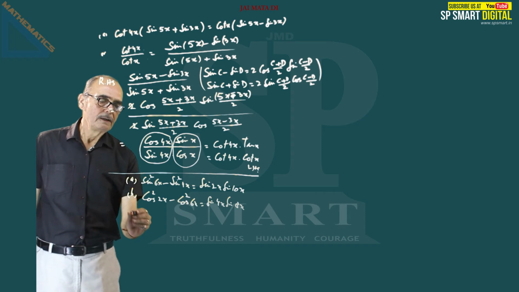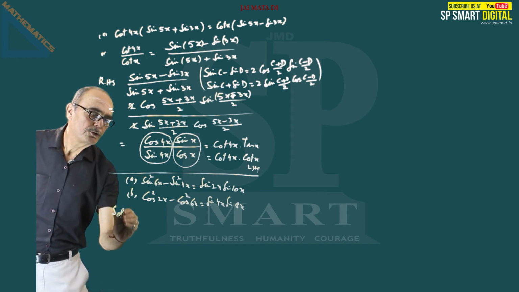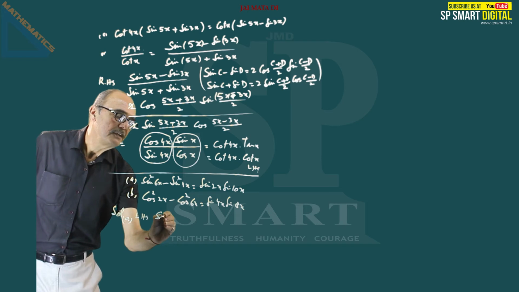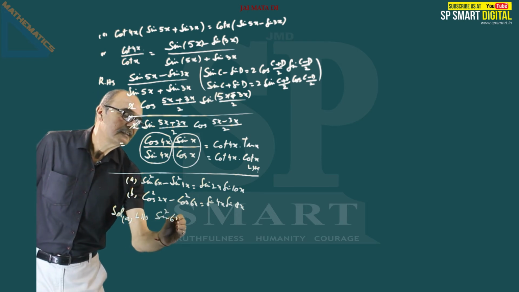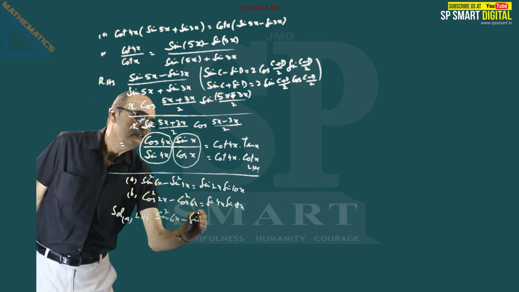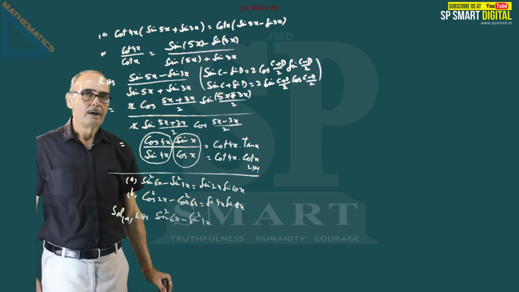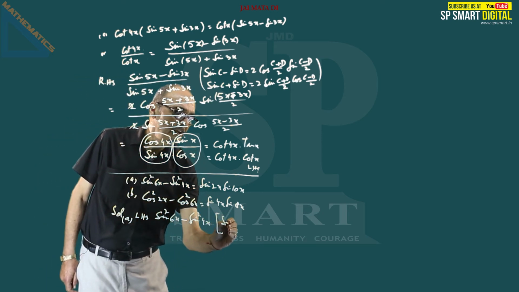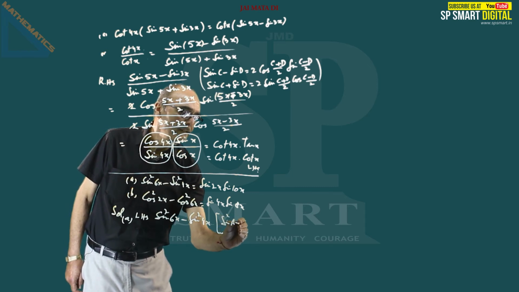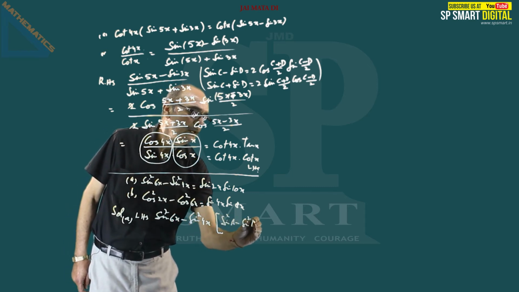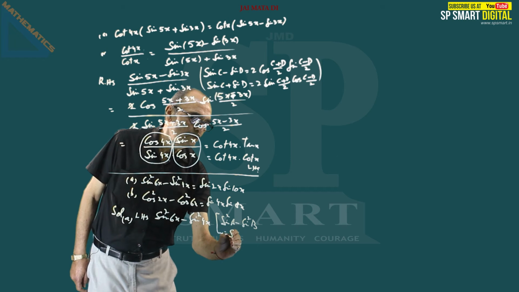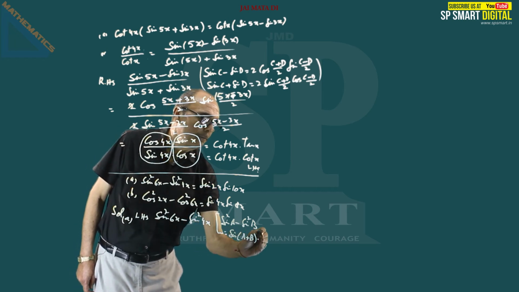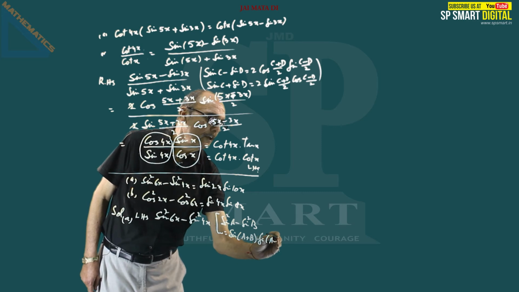In the first part, this is the solution to the first part. Take the left hand side. This is sine square 6x minus sine square 4x. Again we make use of the formula that sine square a minus sine square b is equal to sine of a plus b multiplied by sine of a minus b.